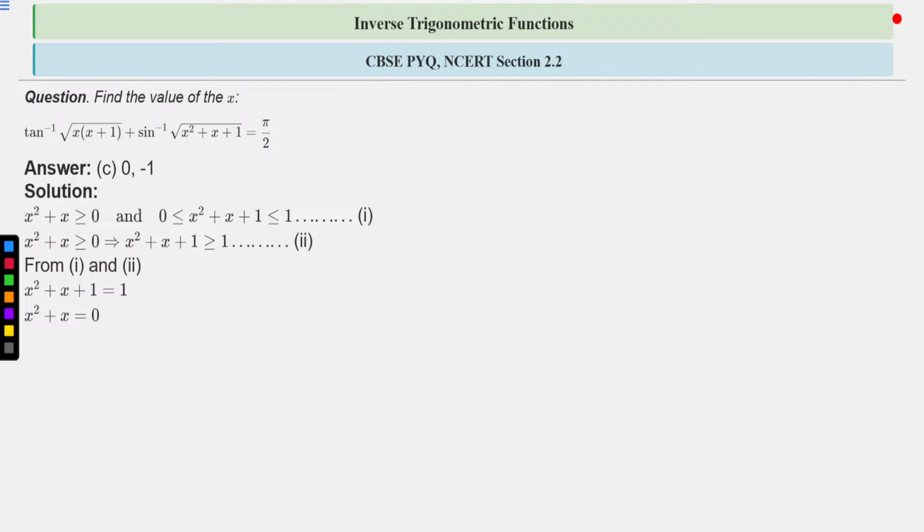So by using both equations, we can say that x square plus x plus 1 is equal to 1. Therefore x square plus x is equal to 0. Let us take x common, so x into x plus 1 will be equal to 0, and after solving this we will get x equal to 0 and x equal to -1. So x equal to 0 and x equal to -1 will be the right choice. Got it? Option C is the correct answer.